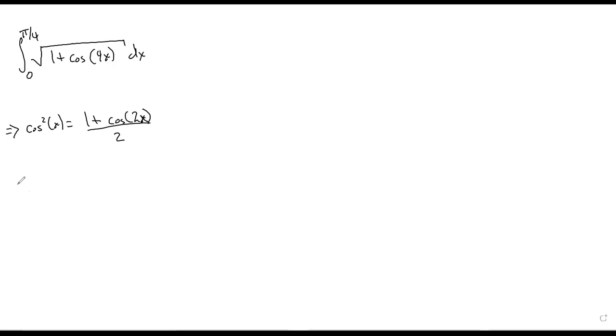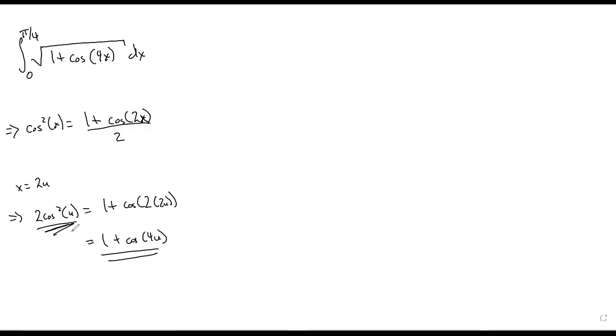If I let x be equal to 2u, then 2 cosine squared of u is equal to 1 plus cosine of 2 times 2u. This is 1 plus the cosine of 4u, which is exactly what I have here, just with a different label. So this summation can be replaced with that guy right there in terms of x.